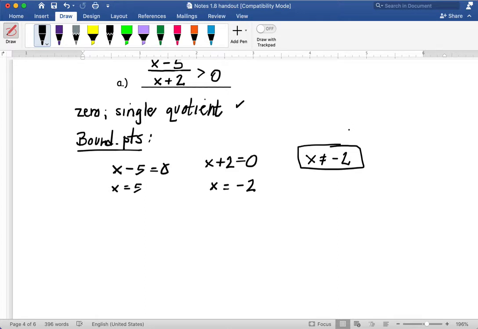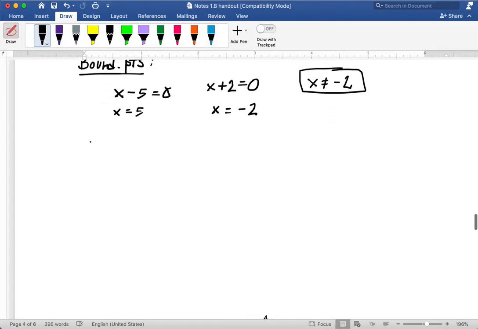All right, so what are my test intervals? You could write them here. I have -2 and 5, so -2 is first on the number line.